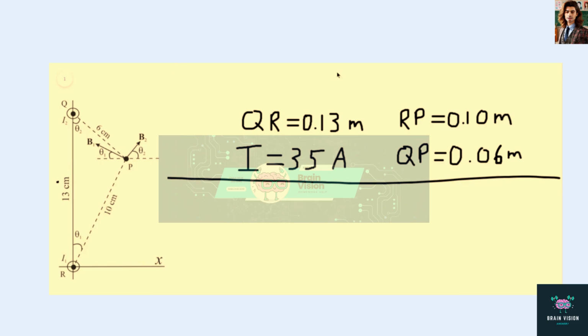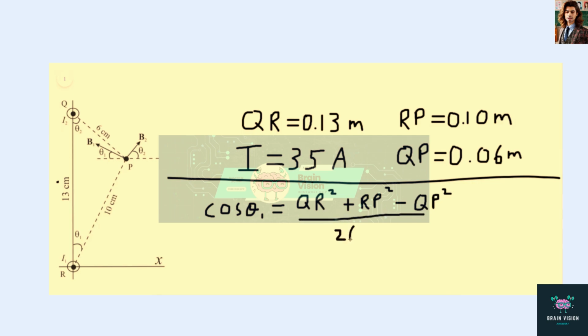To find theta 1 and theta 2, we can use our law of cosines, which says that the cosine of the angle theta 1 here is going to be equal to the distance of the longest side, QR, squared, plus the distance RP squared, minus the distance from Q to P squared, divided by 2 times the distance QR times the distance RP.